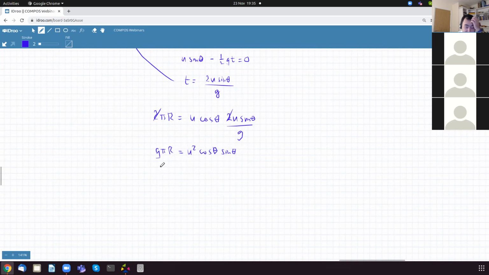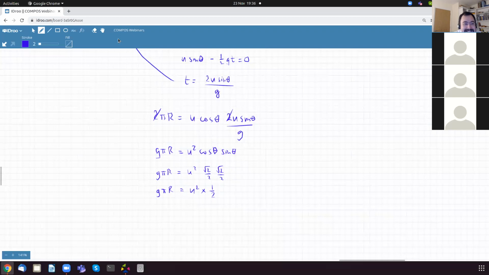Now remember that theta is 45 degrees, so it's g pi r equals u squared square root of 2 on 2 times square root of 2 on 2. So g pi r equals u squared multiplied by 1/2, because square root of 2 times square root of 2 is 2, divided by 4 is 1/2.